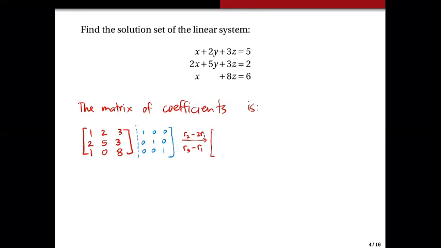Okay? So before doing this, you will see that we will use the same elementary row operations. But before doing that, let us interchange row 3 and row 1.